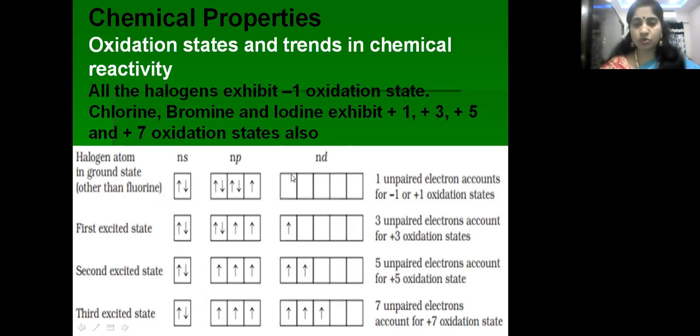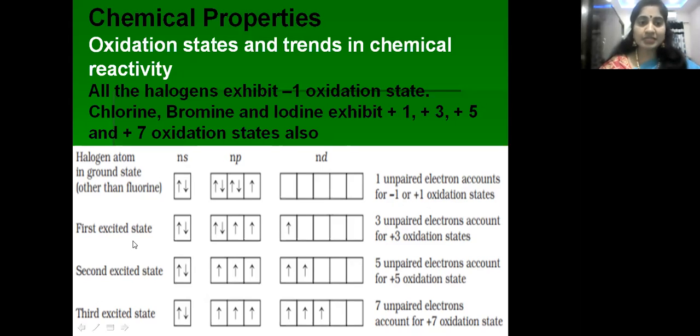If it loses one electron, it can show +1, and if it gains one electron, it can show -1 oxidation state. So by seeing the ground state electronic configuration, we can say that these halogens can show -1 or +1 oxidation state.